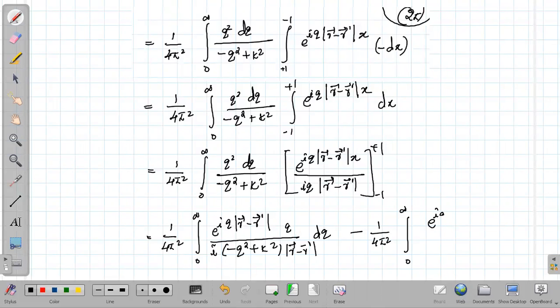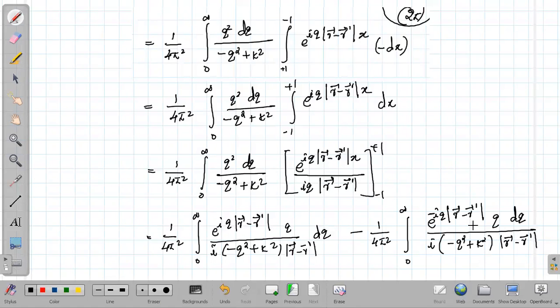So this becomes minus e raised to minus iq modulus of r minus r prime q dq divided by i times minus q square plus k square modulus of r minus r prime.